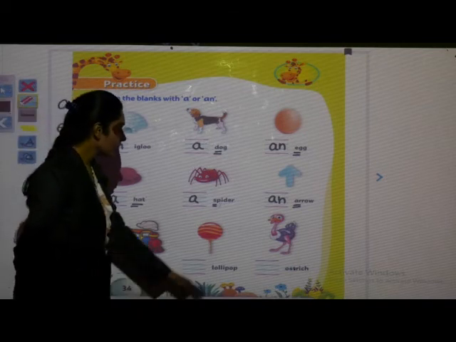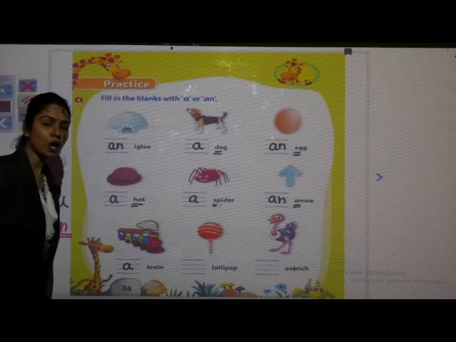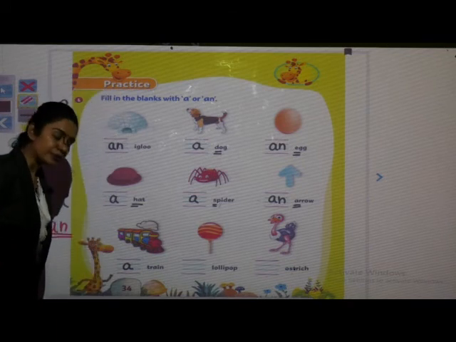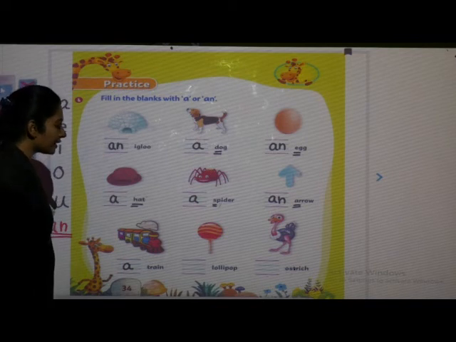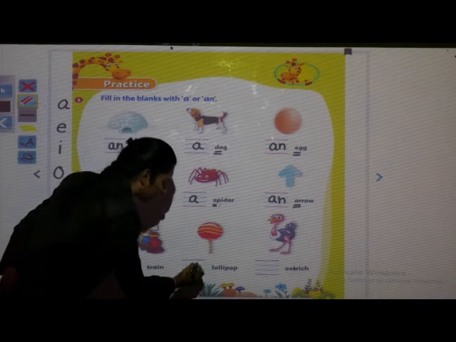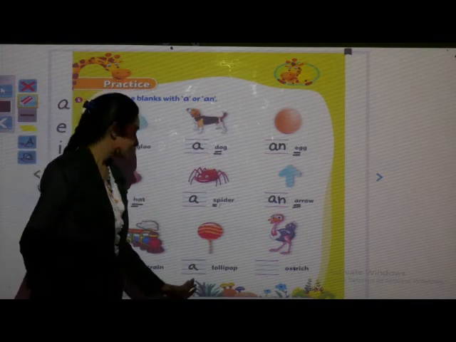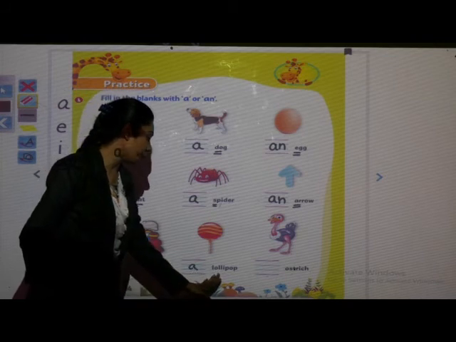Next picture. L. L is a vowel or consonant sound? Consonant sound. So what will come here? A or an? A. Very nice. My children are very clever. Yes? Right here. A lollipop.